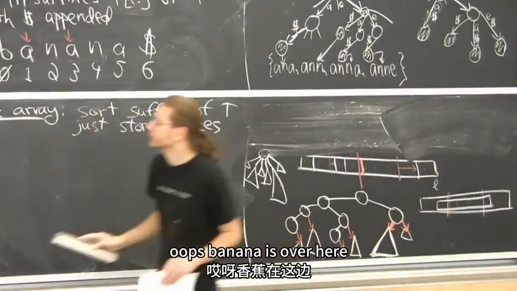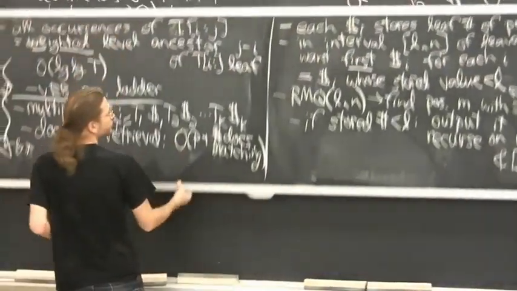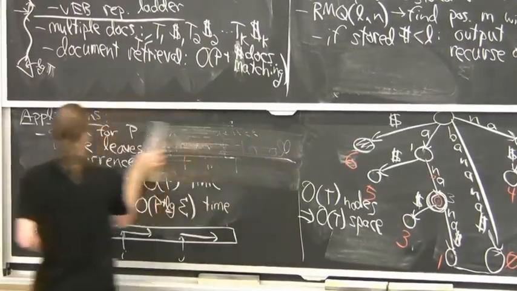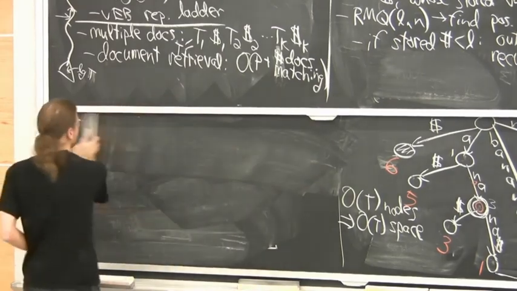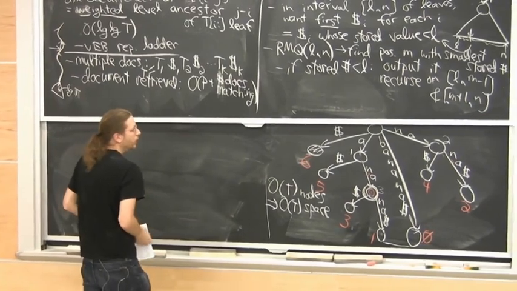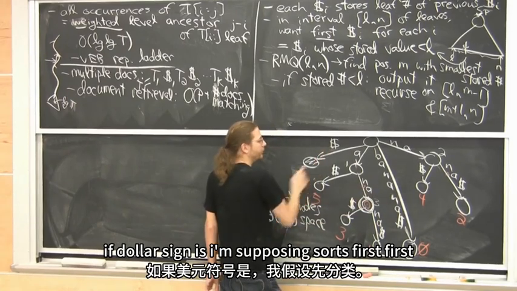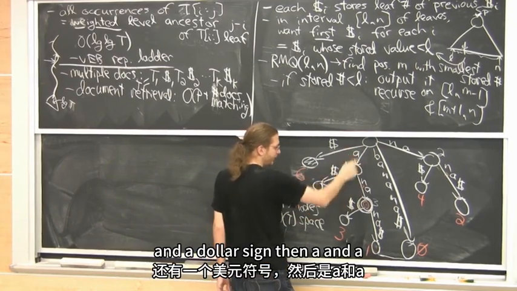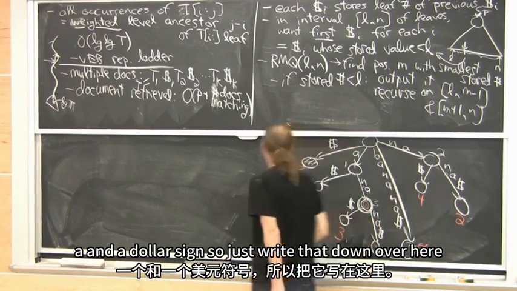Okay, let's do this for banana. Actually, they're already here in sorted order, if I'm supposing $ sorts first. First suffix is $, then A$, then ANA$, then ANANA$, then BANANA$, then NA$, then NANA$.